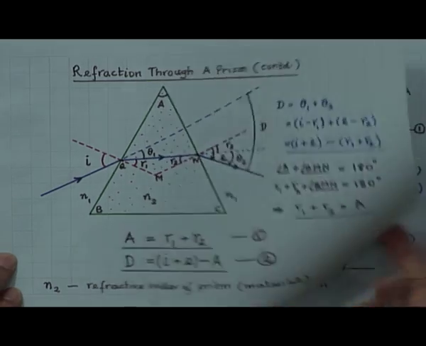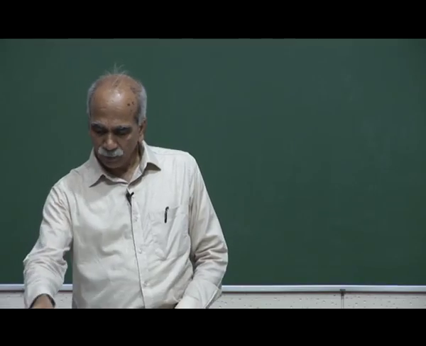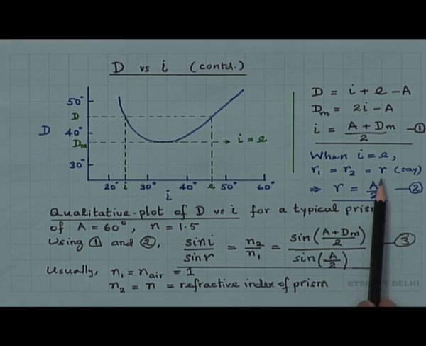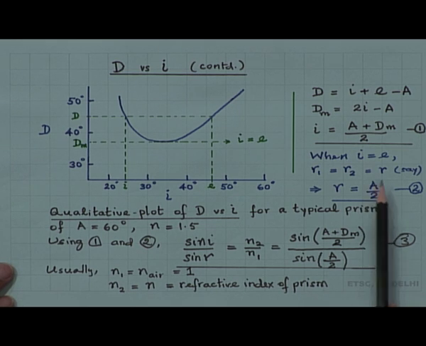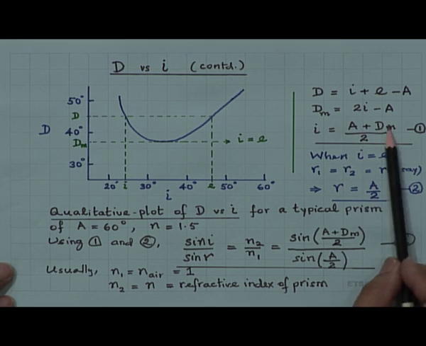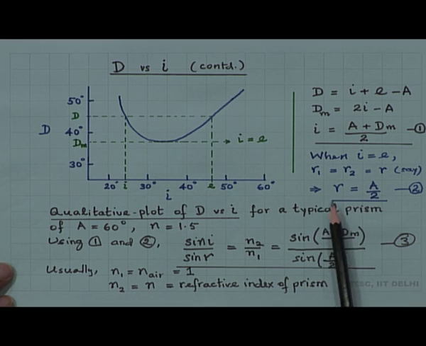So, at the angle of minimum deviation, R1 is equal to R2 and we call it R, and therefore, from R1 plus R2 is equal to A, we have R is equal to A by 2. So, we have two equations here: A plus dm by 2 is equal to I, and R is equal to A by 2.